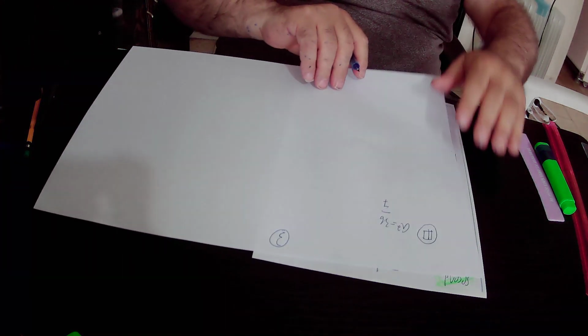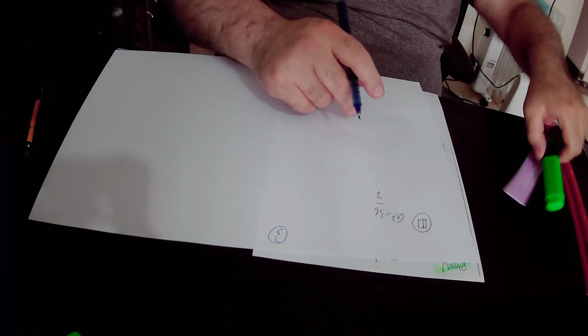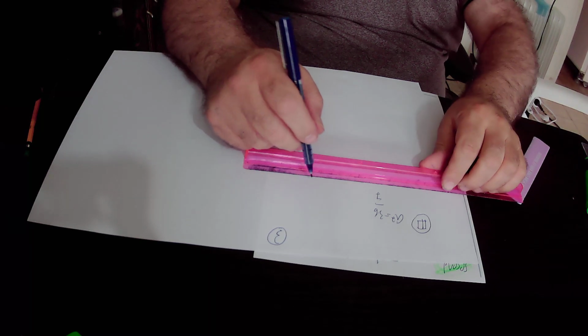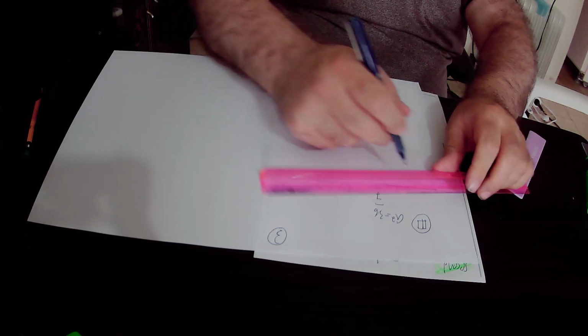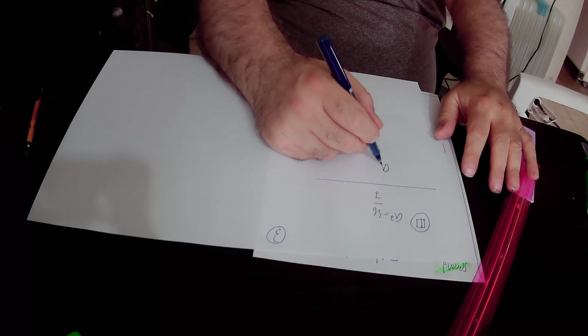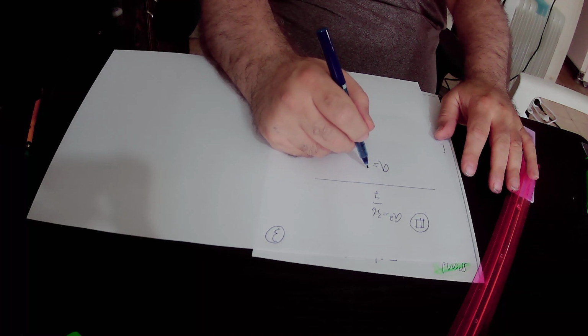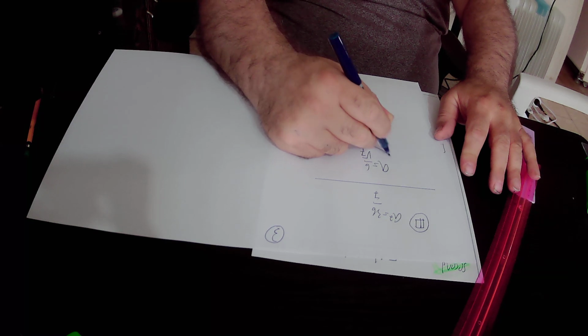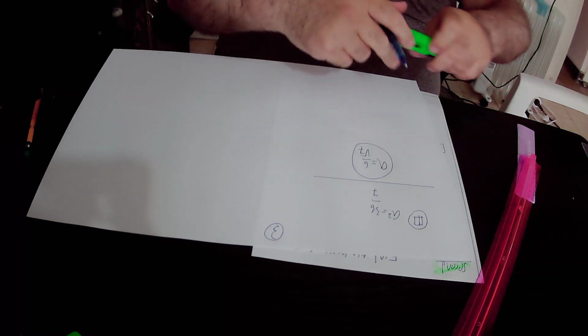So we actually found out that a squared equals 36 over 7. Here we take the square root of equation number 3, and we get that a equals the square root of 36, which is 6, over the square root of 7. So we found out the value of a.